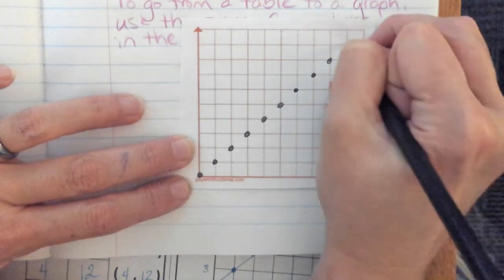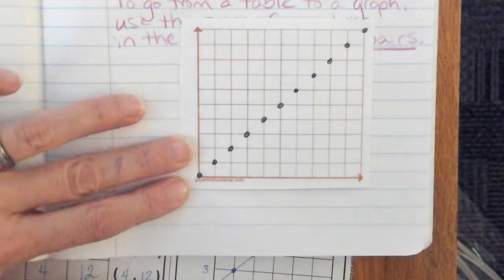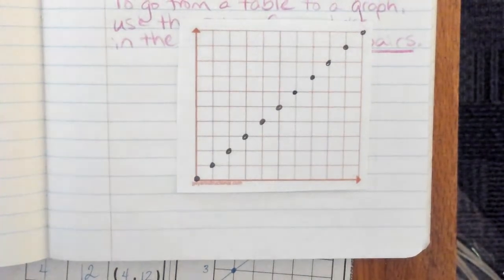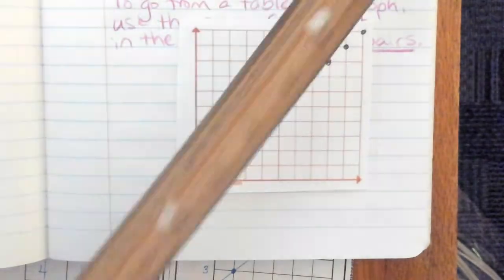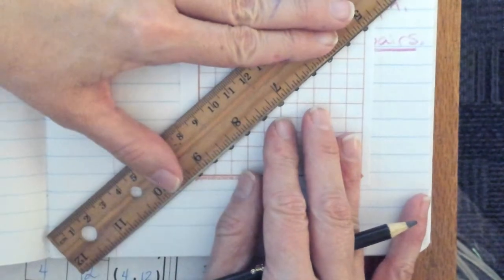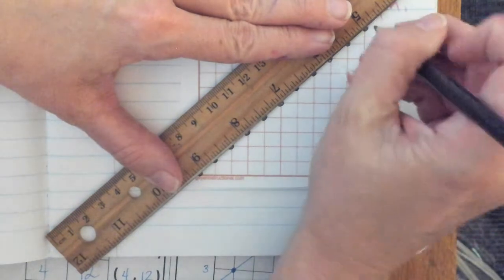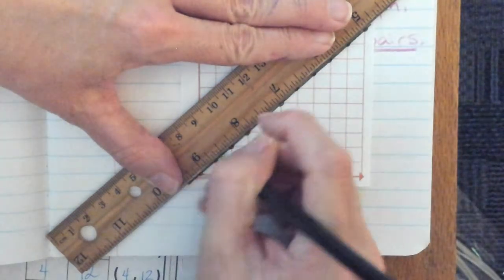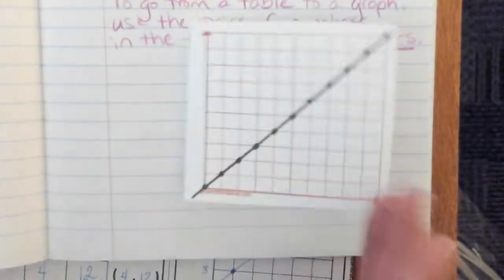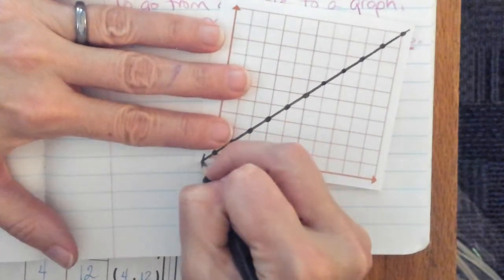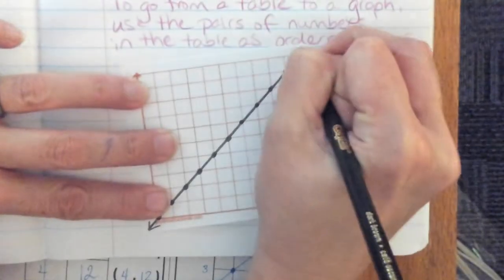If you need to pause so that you can really see where I've got these dots, you can do that. And then you are going to get a ruler and go ahead and make this into a line. Remember the line keeps going in either direction, so I can go a little bit past and put arrows.